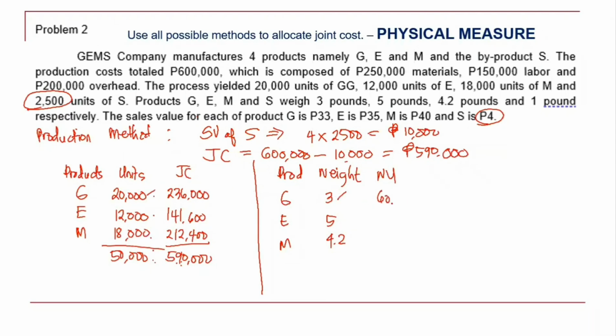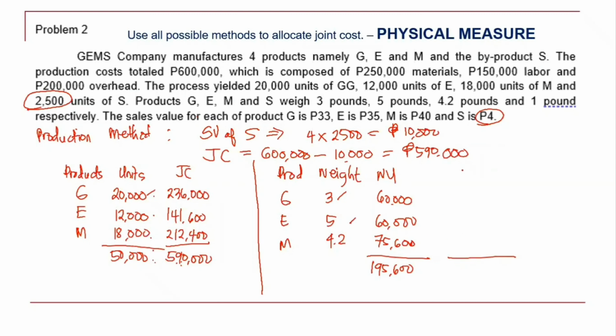So that would be 60,000. 60,000 din po ito kasi 5 times 12,000 and then 18,000 times 4.2, that's 75,600. So total weighted units po natin ay 195,600. Ayan. So allocate na natin.